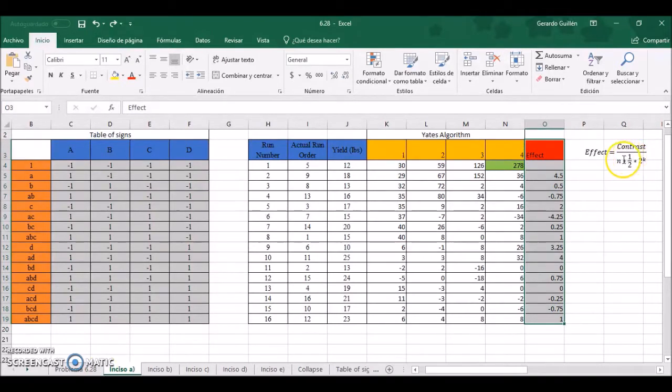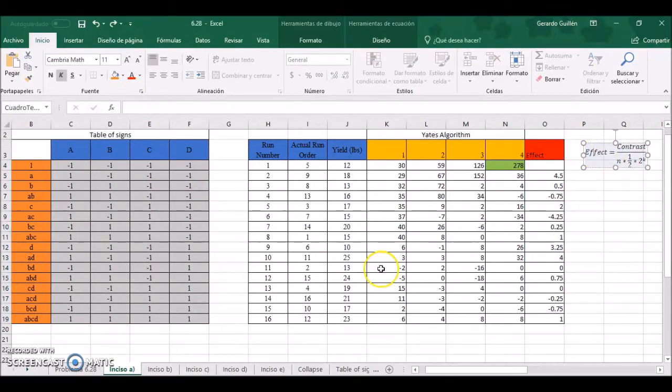To obtain the effect, we're going to follow this formula. The contrast is the last column we got from the Yates algorithm. The n is equal to 1 because we are not using replicates, and the k is the number of factors, which is 4.